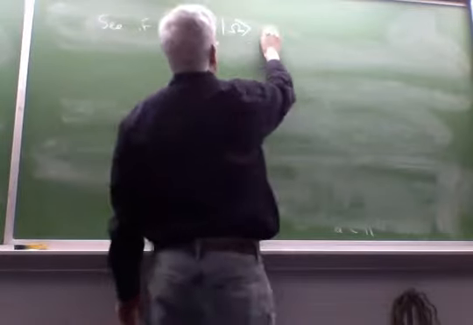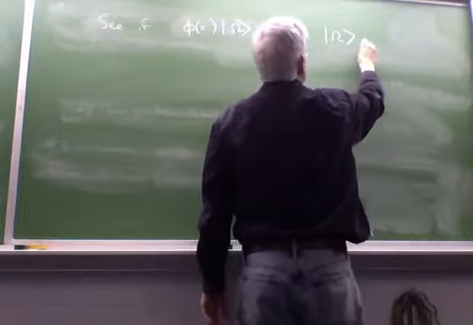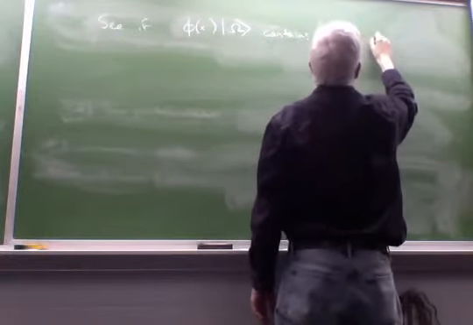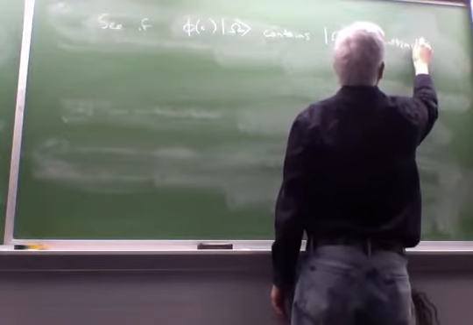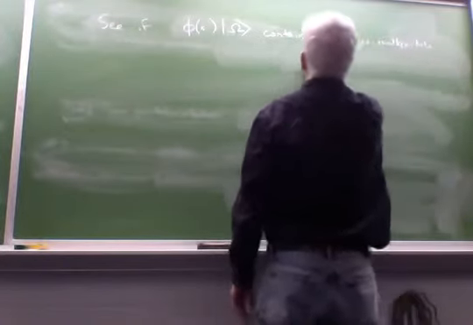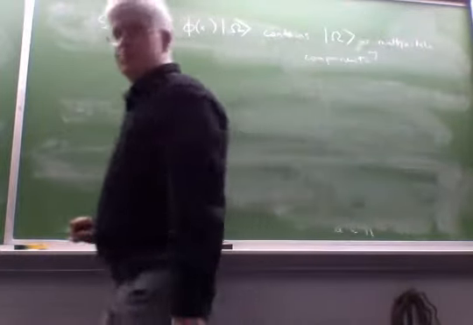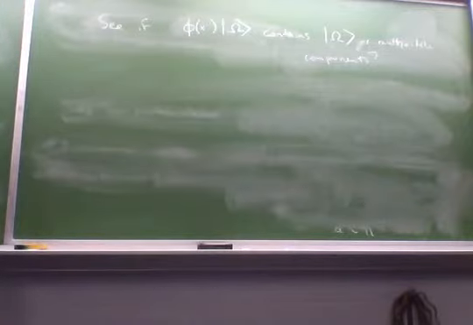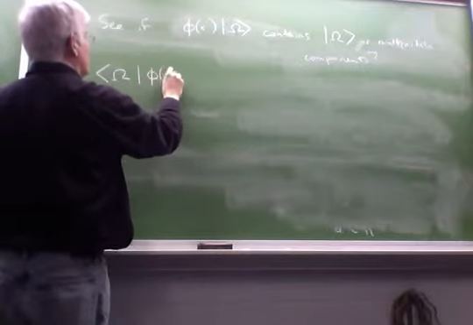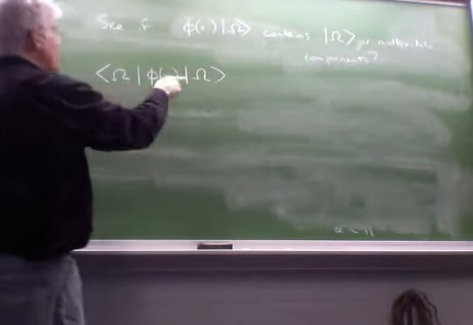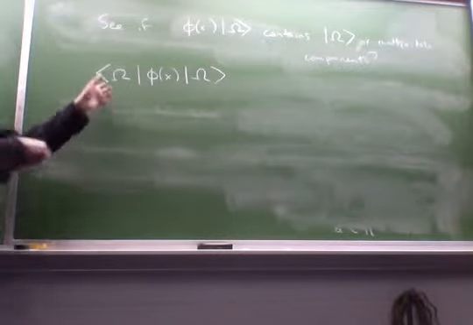So see if this contains vacuum or multi-particle components. So for that purpose, let's see what is the overlap with the vacuum. If we calculate this, this will tell us what is the component of the vacuum when we act with phi on the vacuum.